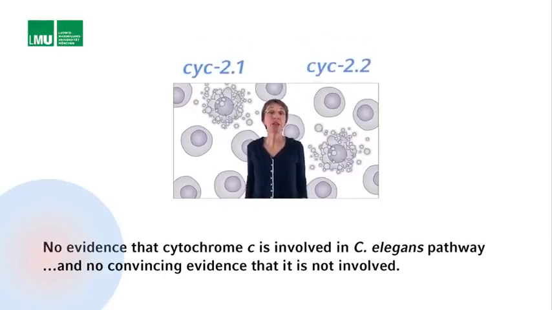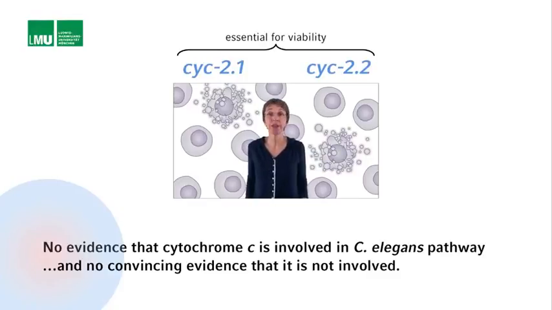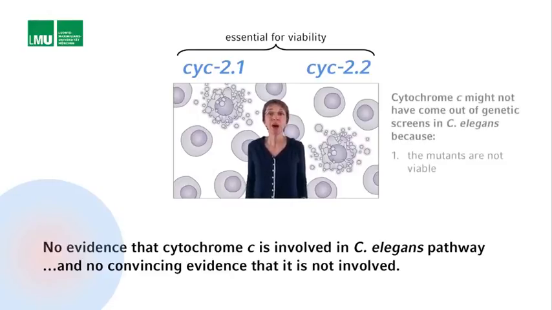However, the 2 C. elegans cytochrome C genes appear to be essential for viability, and the C. elegans cell death screens performed so far required that the mutants be viable. Therefore, mutations in cytochrome C genes might have been missed. Also, there are 2 cytochrome C genes that may act redundantly. Again, one more reason why mutations in cytochrome C might not have come out of these genetic screens.